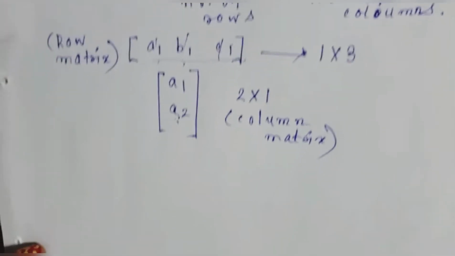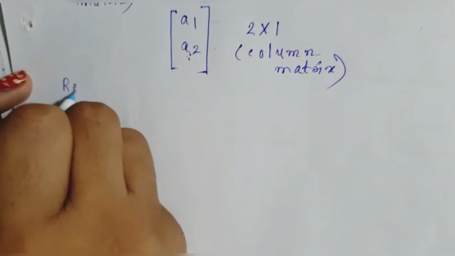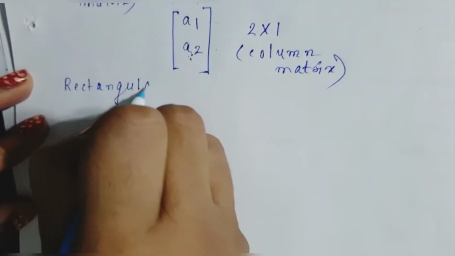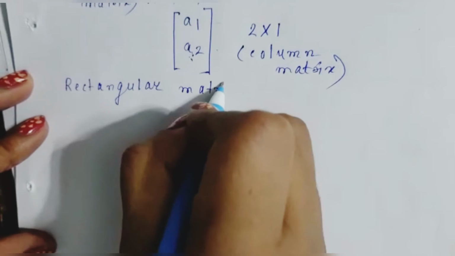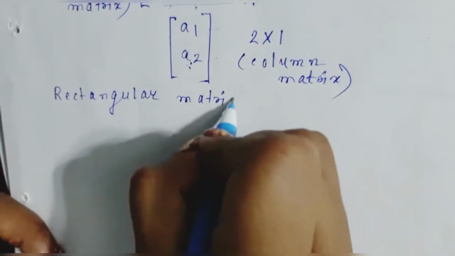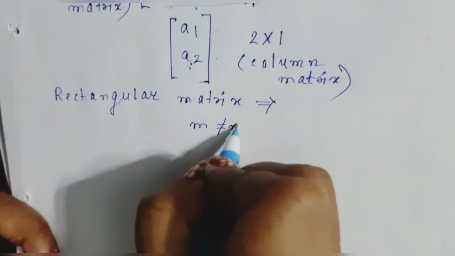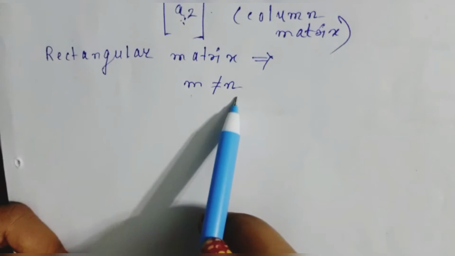Now you can learn certain definitions. First, the rectangular matrix: this is when m is not equal to n, when your number of rows is not equal to the number of columns.